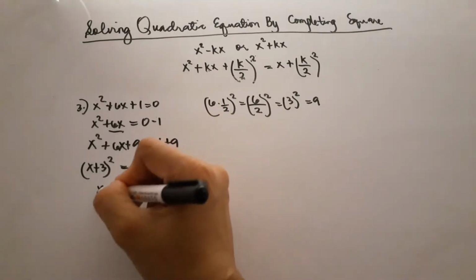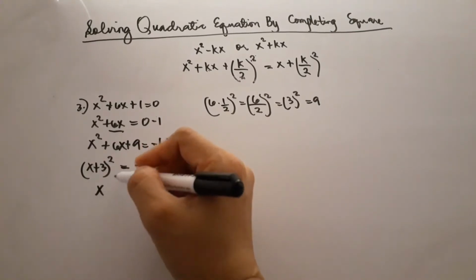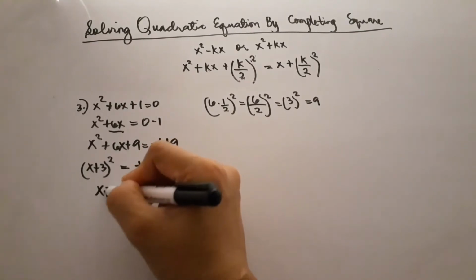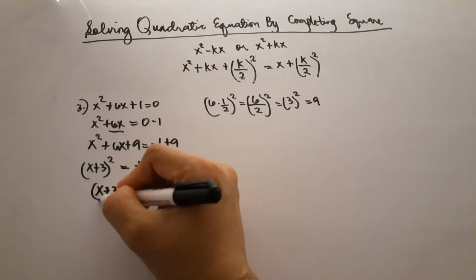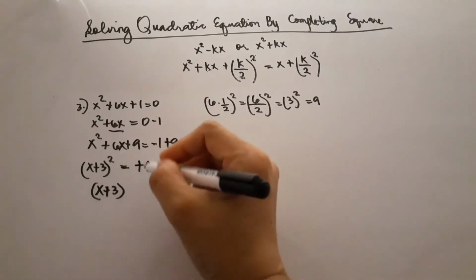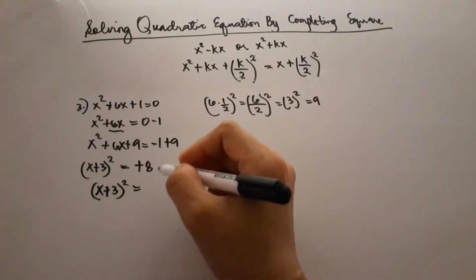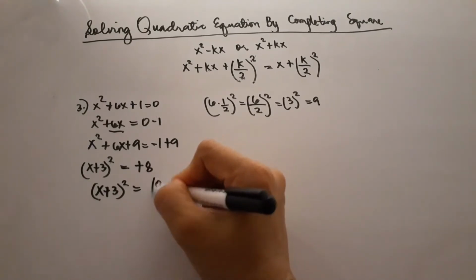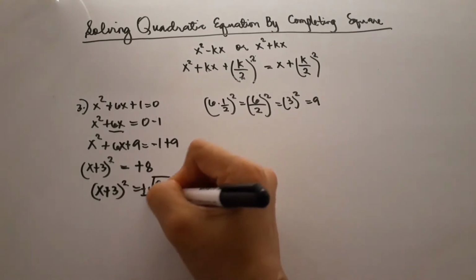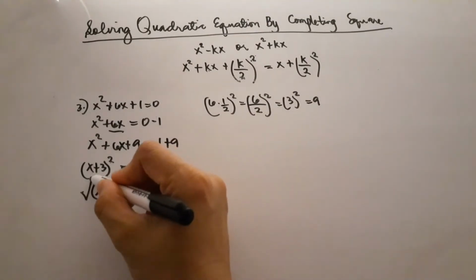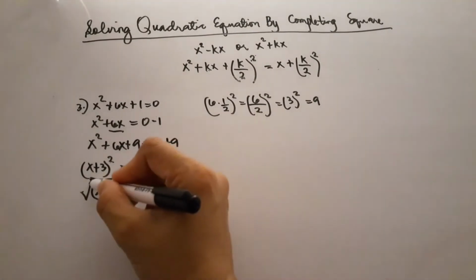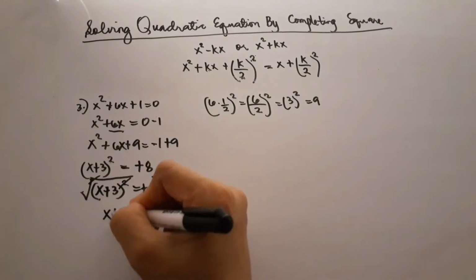And then we apply the square root theorem. So we have (x + 3)² = 8. We take the square root, positive and negative, remember, as in the standard form above. So cancel out the square.